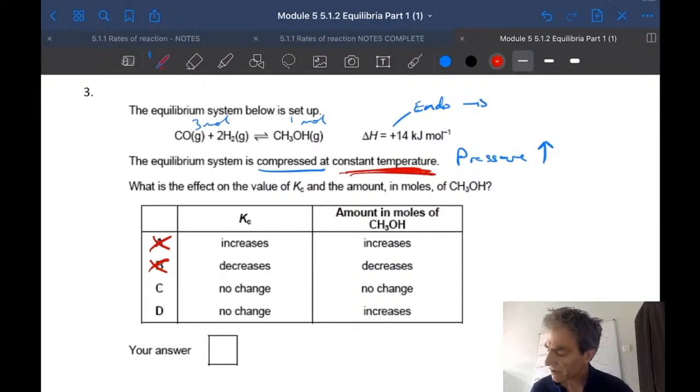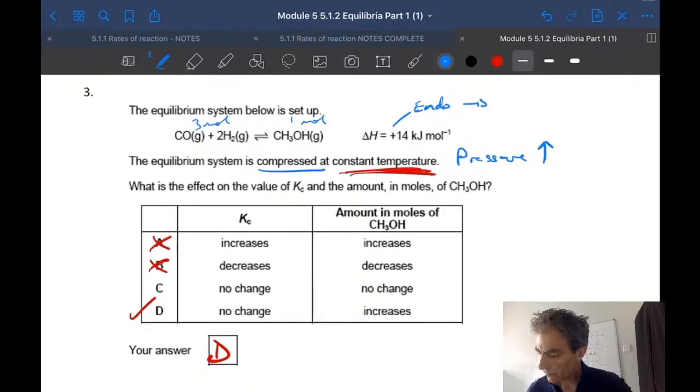If you increase the pressure, the side that will be favoured is the one with the fewest moles, so it'll go forwards. So the amount in moles of CH3OH will increase. So the answer was D. Not everybody got that one right, so that's why it's D for that one. Hope that made sense.